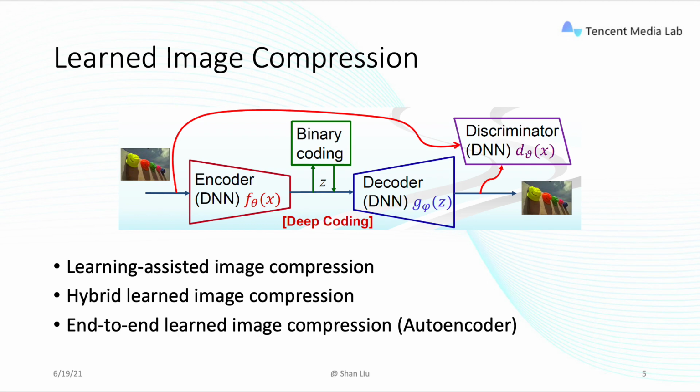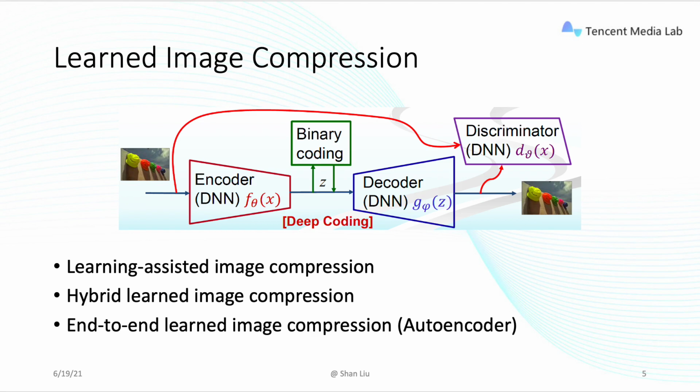In recent years, with the advent of greater and cheaper computing power, and also a huge amount of training data, learning-based image and video coding tools have regained a lot of research interest.